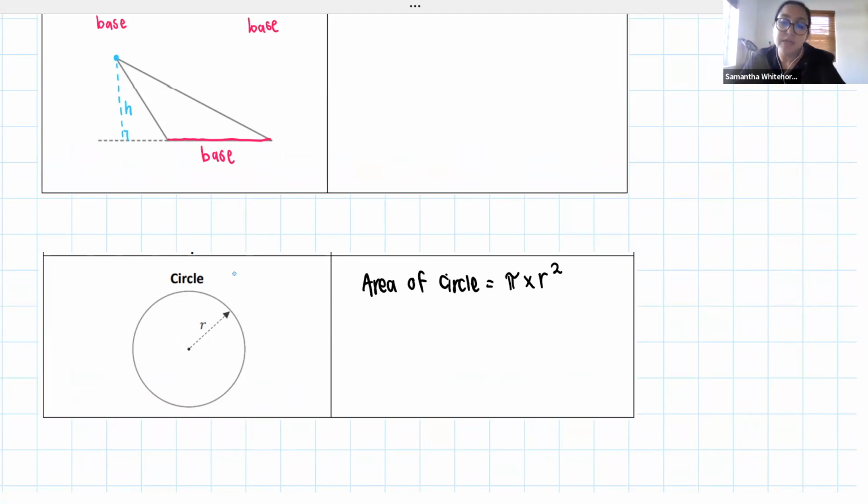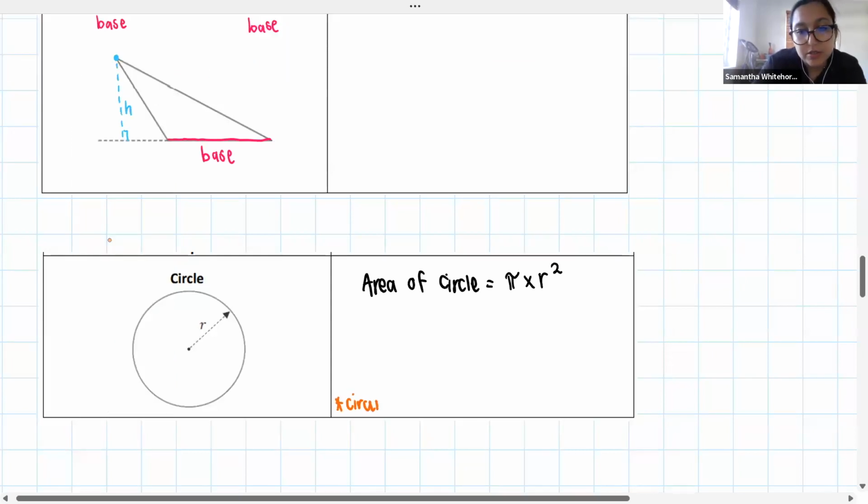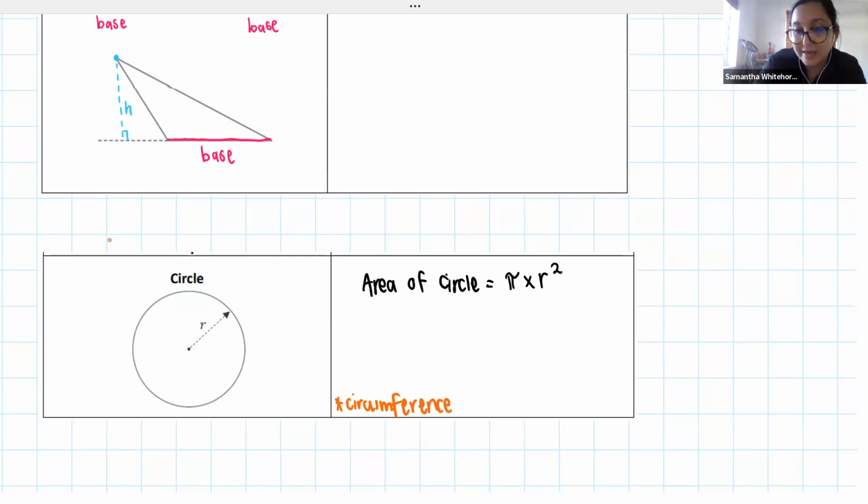Now, grade 8, we've already spoken about some formulas that deal with circles, and I think Mavil mentioned this idea earlier. But remember, we have what we call the circumference of the circle. Circumference is the perimeter or the outside length of our circle, and this is found by saying 2 pi r, or pi times diameter. Now, what I want you guys to see is that these formulas are different.